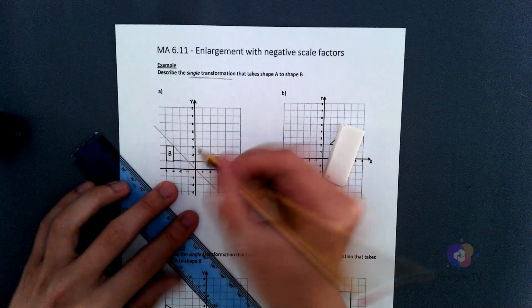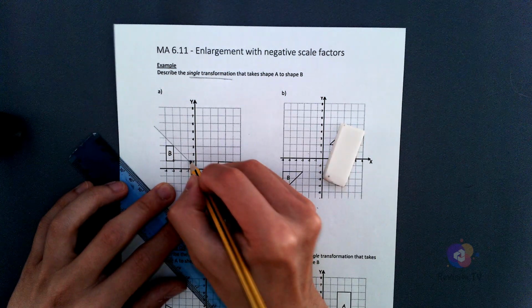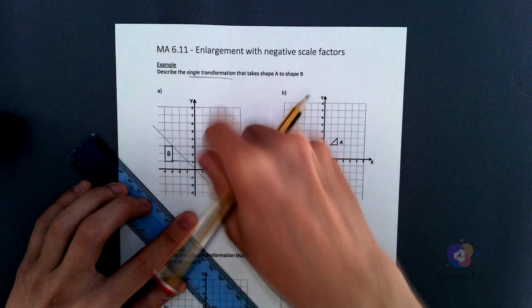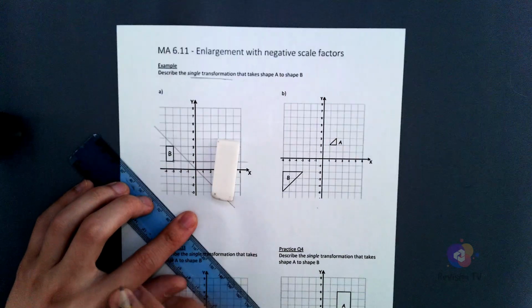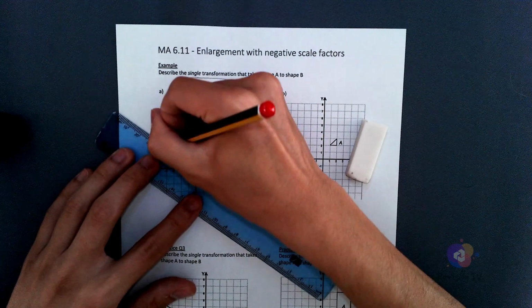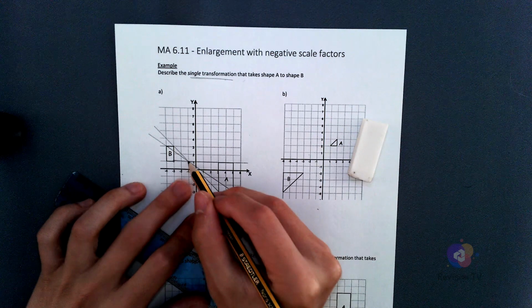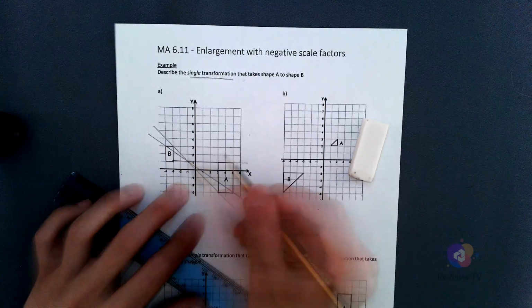So you can almost say this point is the center of enlargement, but let's do one more just in case. So top left corner, rotate it, becomes bottom right. So can you see all the lines are passing through the very same point, which is -1, 1.